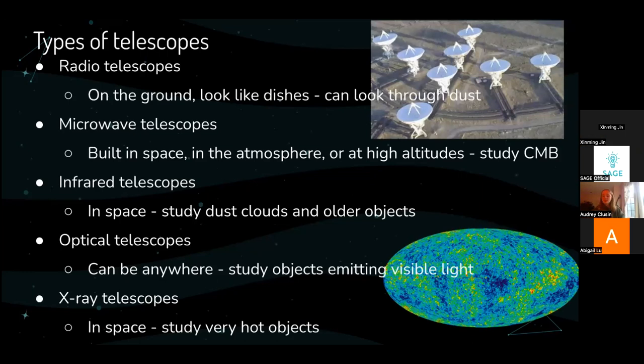Anyways, there are a bunch of different types of telescopes. Like I was saying a minute ago, different wavelengths of light are emitted from different objects, and they reach different parts of our atmosphere depending on how they interact with it. So, radio telescopes.